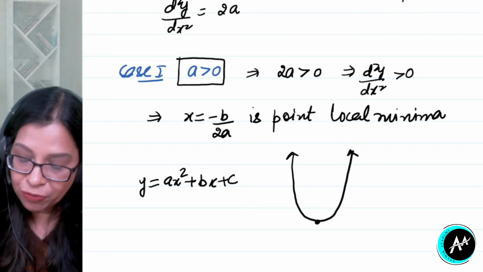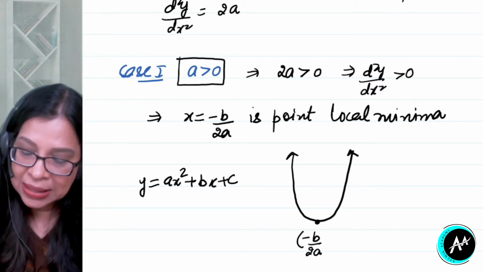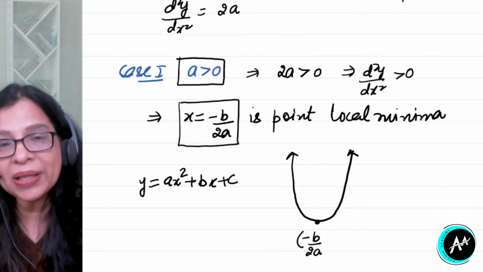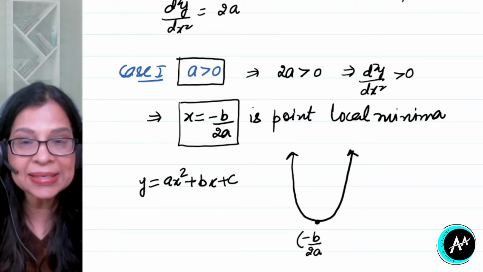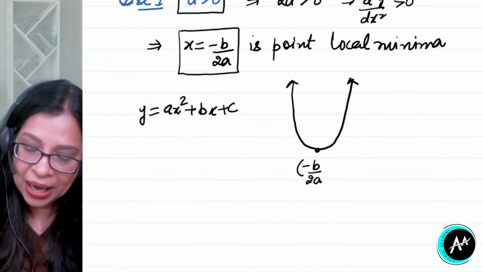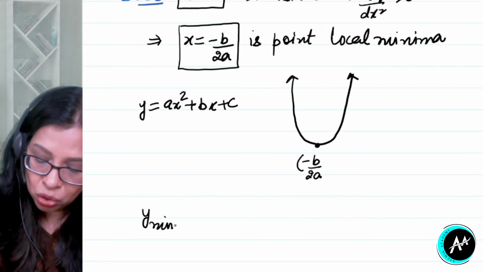Now look here, the x coordinate is minus b upon 2a because this is the point of minima. Now what will be the value of y when x takes this value? Let's see. In this case, y will be the minimum. How do we obtain it?